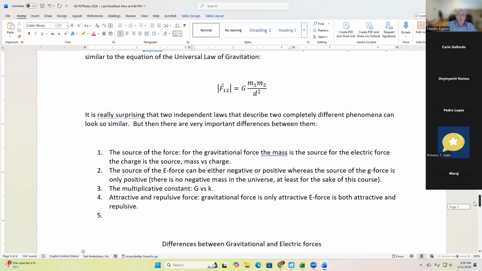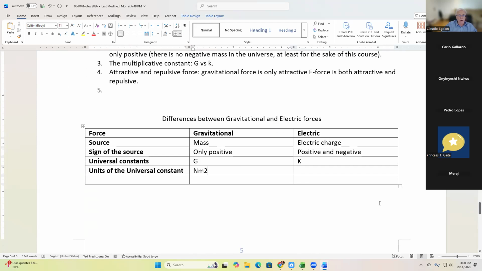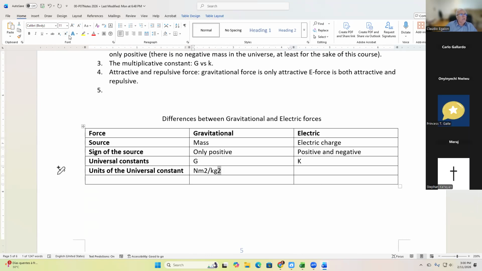They are very different as well. Here you go. Newton meter square over kilogram square. That's the unit of the gravitational constant. Okay, and here we have the unit of lowercase k. I want to put lowercase k, like that. I'm going to write down the numerical value of this constant. And here, the units are quite similar.